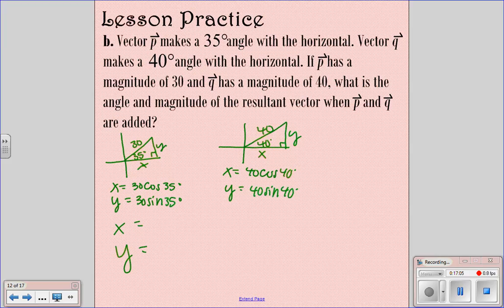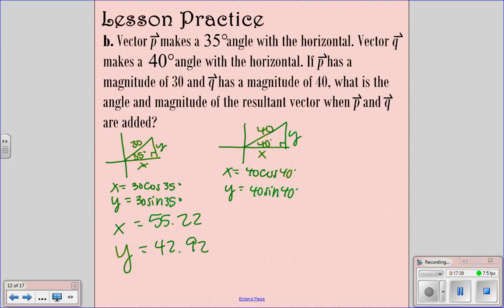And so if you add those two together, you should get 55.22 for your x, and 42.92 for your y.